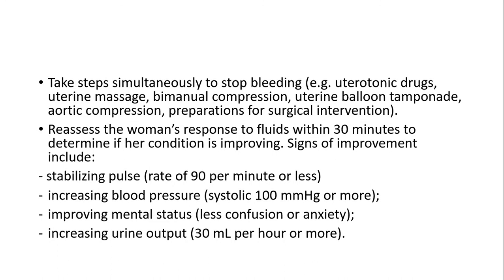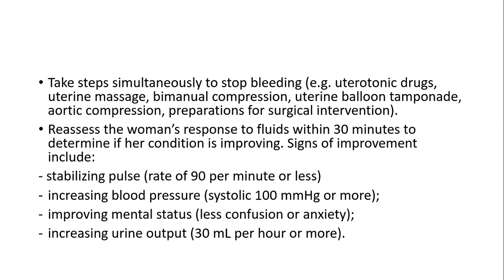Take steps simultaneously to stop bleeding, for example, uterotonic drugs, massage, bimanual compression, uterine balloon tamponade, aortic compression, and preparation for surgical intervention. Reassess the woman's response to fluids within 30 minutes to determine whether her condition is improving.